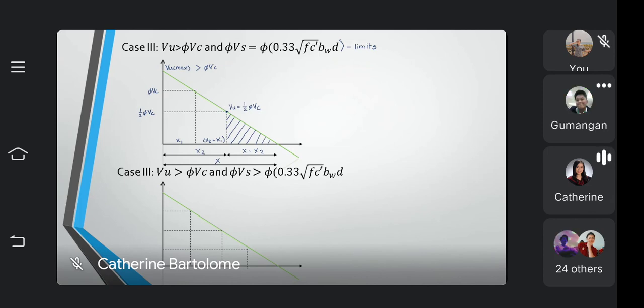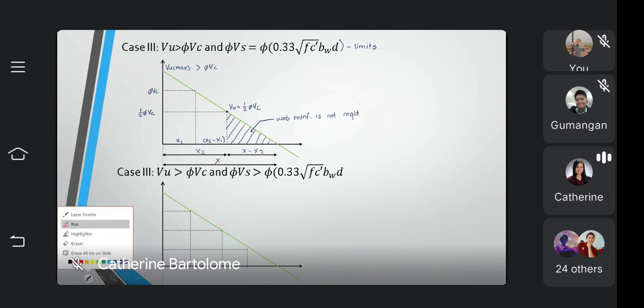Case 1. Case 1, where web reinforcement is not required because the value of your shear is less than half of VBC. Web reinforcement is not required. Okay?